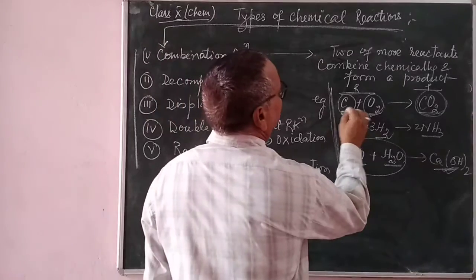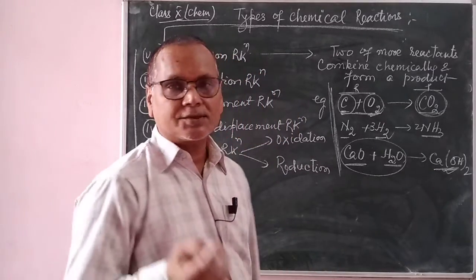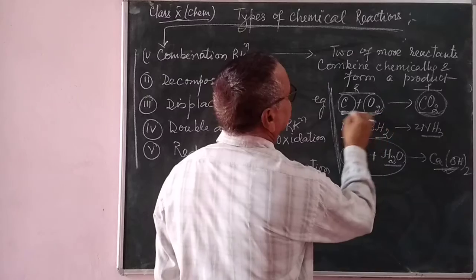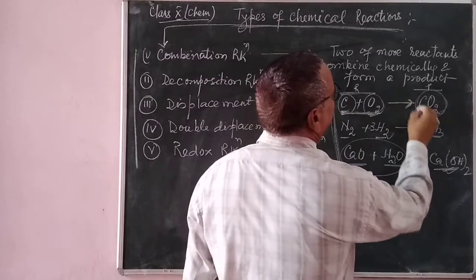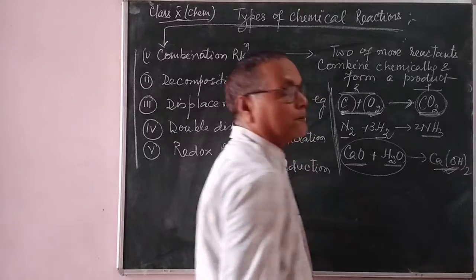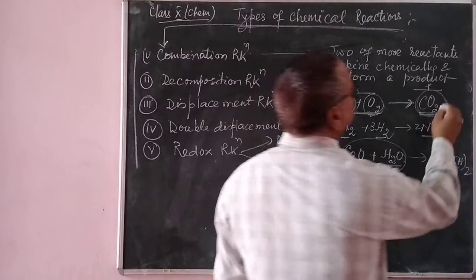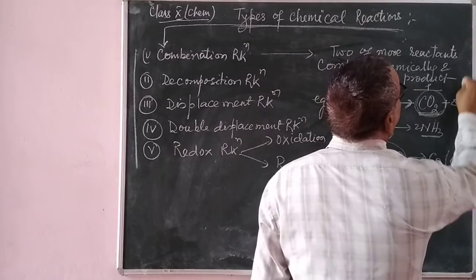See here what happens in this case. Carbon is burnt in oxygen. When we give a small amount of heat to initiate the reaction, carbon and oxygen bond, and after burning it will produce carbon dioxide. Along with this, heat is released.